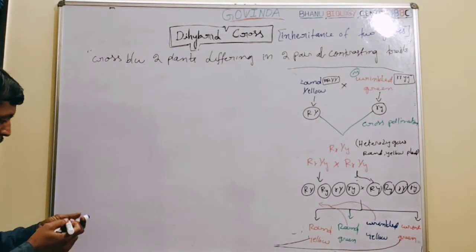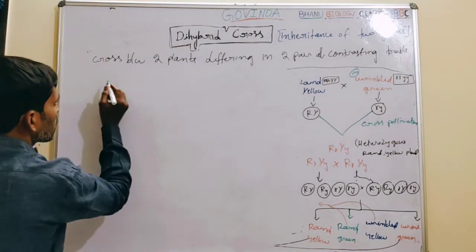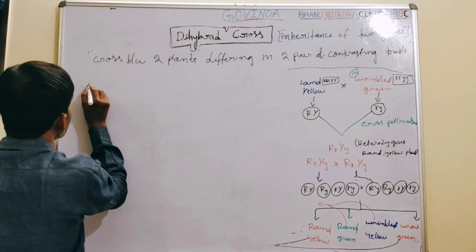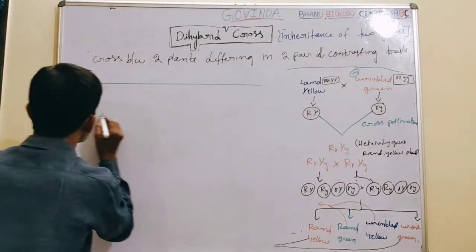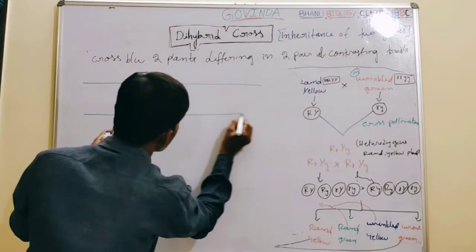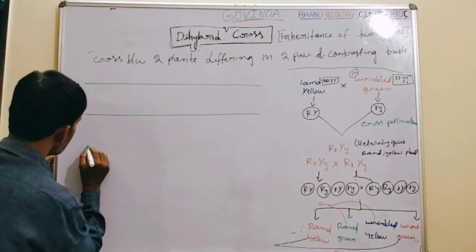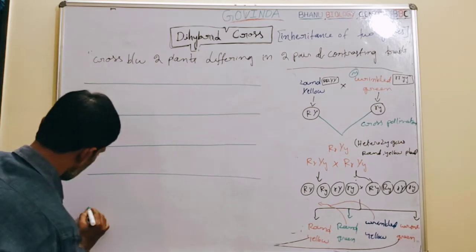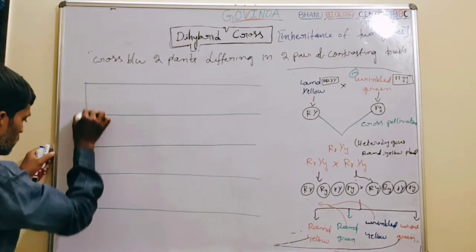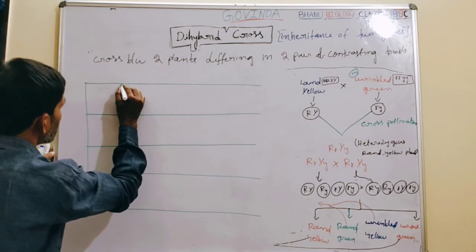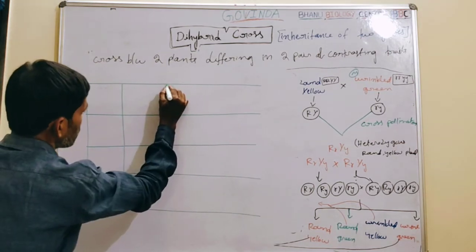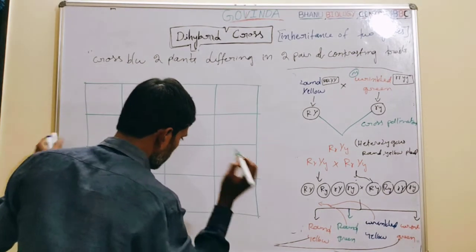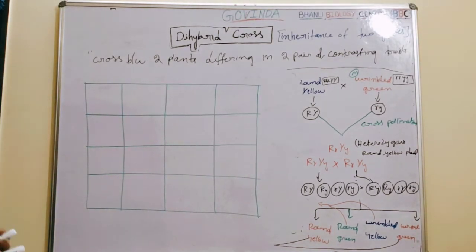So draw the Punnett square. Totally we should draw 16 squares. 4 into 4: 1, 2, 3, then 4. Again 1, 2, 3, then 4.